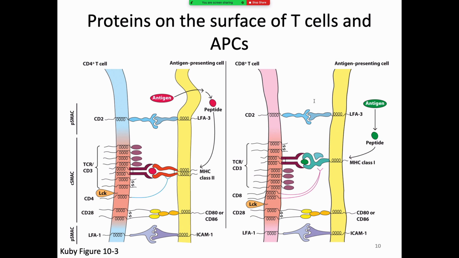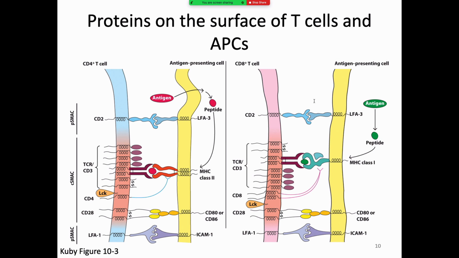And the way that this will work is, if you remember, we've talked about the fact that membrane proteins can diffuse freely in the membrane. All of the proteins that are important for this signaling will get clustered together.